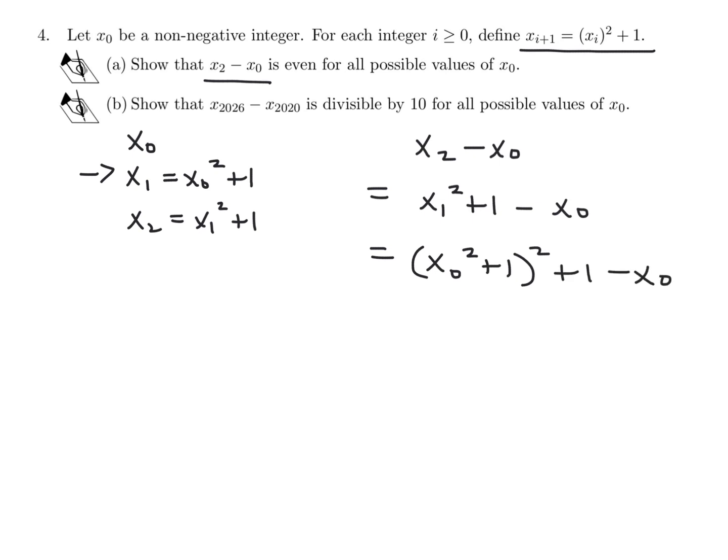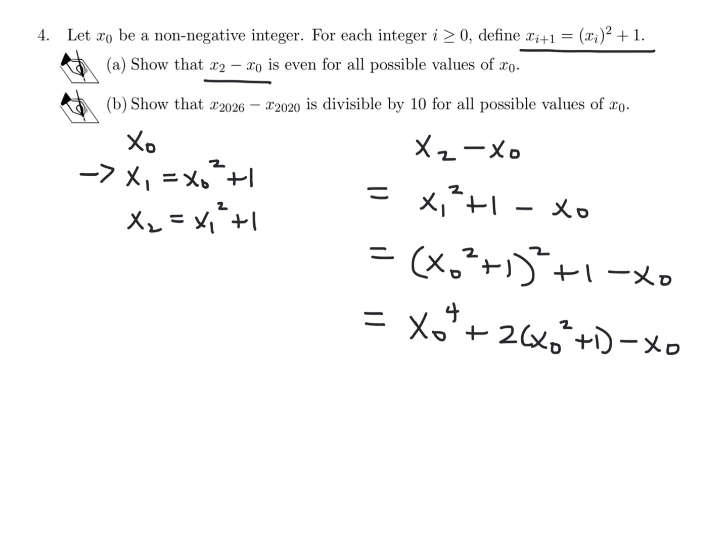Okay, so that's about as far as I can go. Now the only thing I can do is sort of simplify this, and I'll let you do that. I'll multiply it all out and collect like terms, and when you do, you get x0 to the power 4, plus 2x0 squared plus 1 minus x0. So I didn't do anything fancy. I just expanded it and collected like terms.